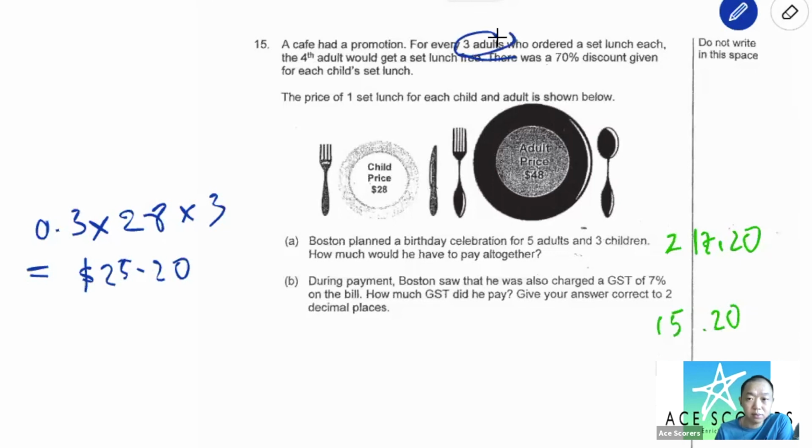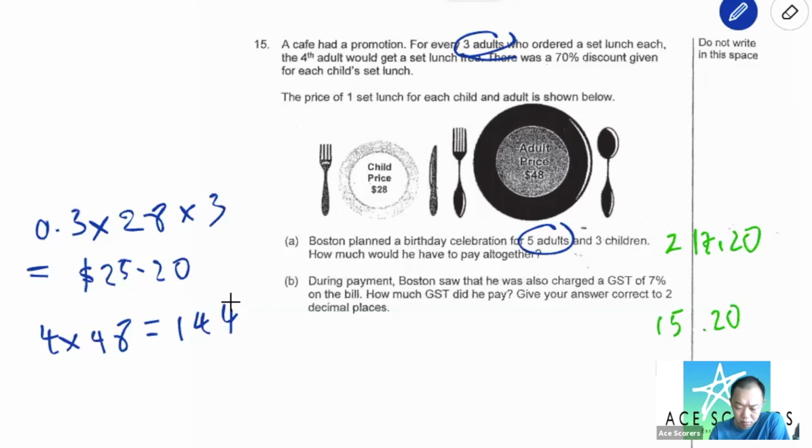Now, for every 3 adults, the 4th adult is free. What does this mean? This means if I have 5 adults, 1 is free, correct? So it's the same as 4 adults. So 4 times 48 equals 144, correct? Okay.